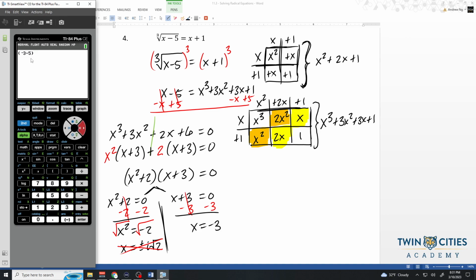What I'm going to do is take this to the 1/3. And that's negative 2. On the right side, I'm going to plug it in, negative 3 plus 1. And that's also negative 2. So because when I plug this in, this is a true statement, negative 2 equals negative 2, this is a solution.